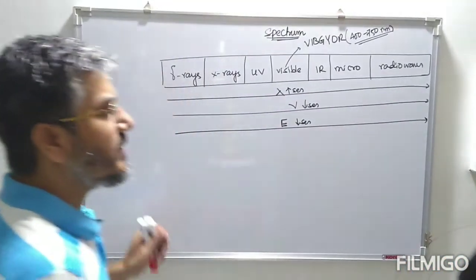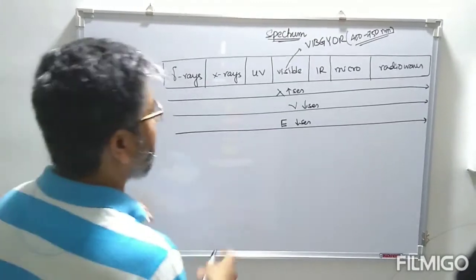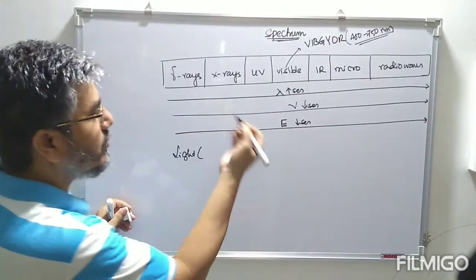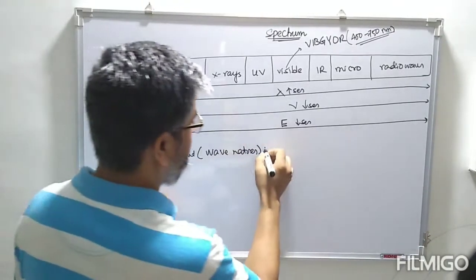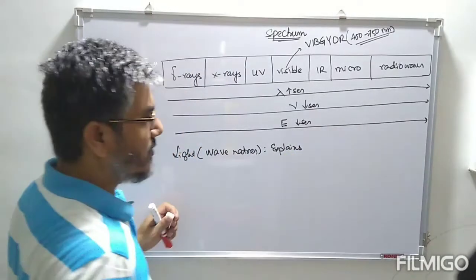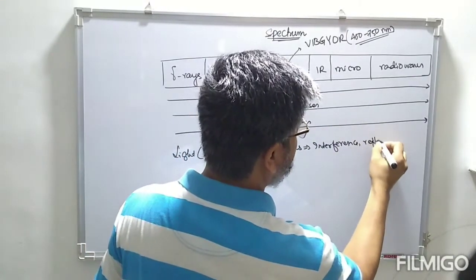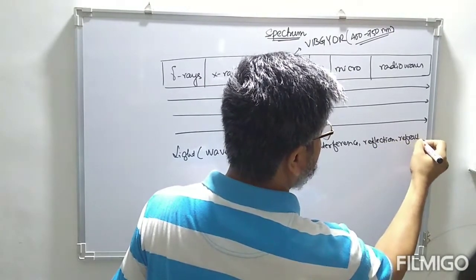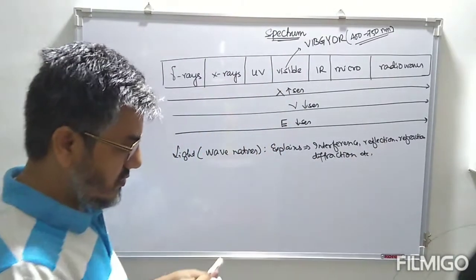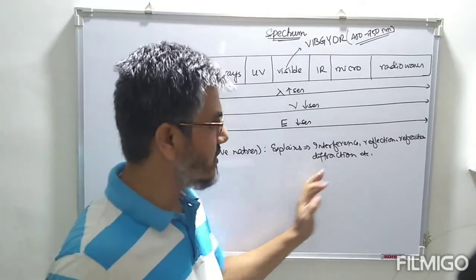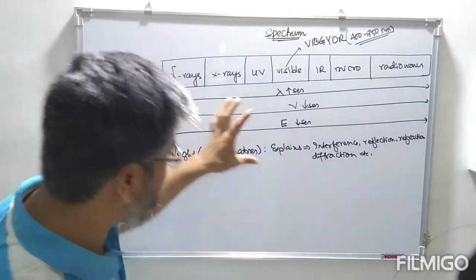That is, it should have wavelength, frequency, wave number, etc. So considering light as a wave, this wave nature of light explains properties like interference, reflection, refraction, diffraction, etc. So some phenomena of light like interference, reflection, refraction, diffraction, these properties of light could be explained by considering the wave nature.